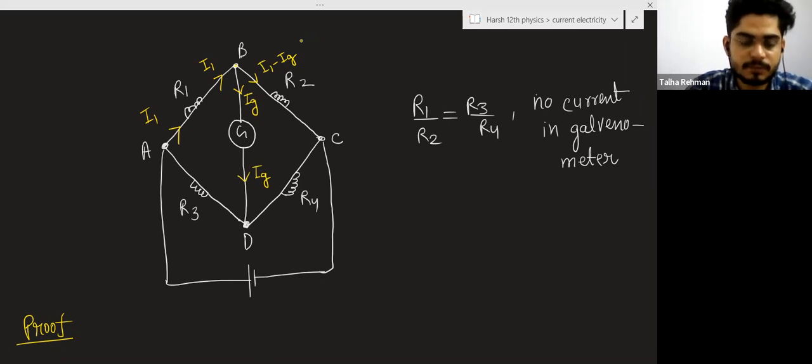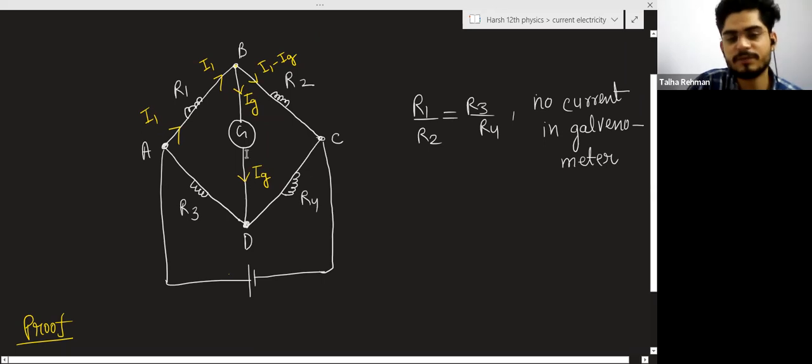One thing we also have to assume: this device is giving the current.